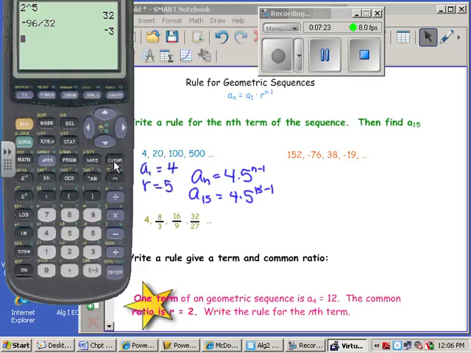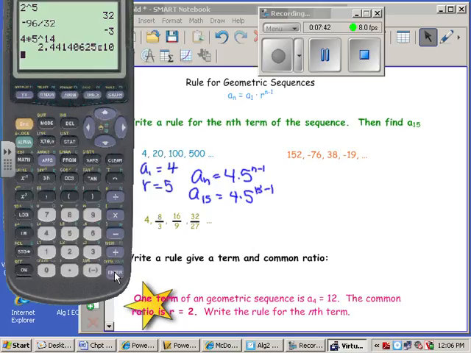So I would do 4 times 5 to the, and like I said, be really careful: anywhere there's a fraction, you put it in parentheses. Okay? It's 15 minus 1, so it'll be 14.